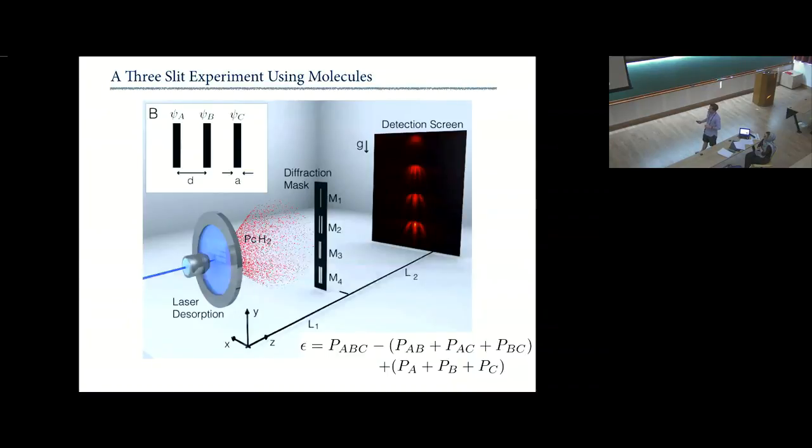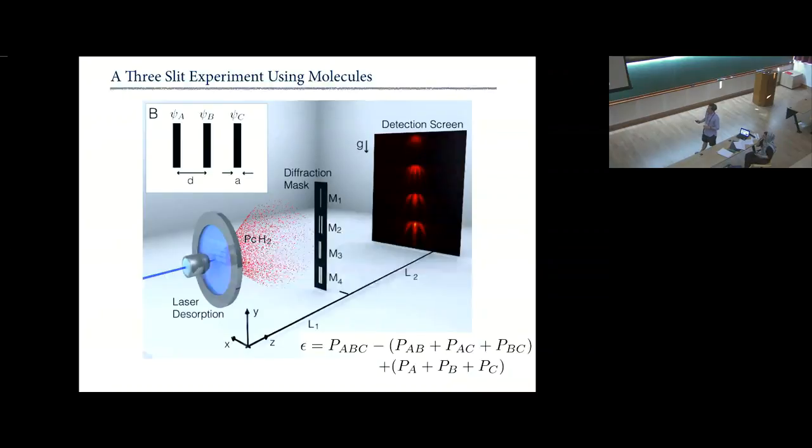So this is the diffraction mask that we're using, and this is the first point where we differ quite strongly from the experiments of Gregor earlier on. For molecular interference, the separation between the slits needs to be much, much smaller than it does for optical interferometry.